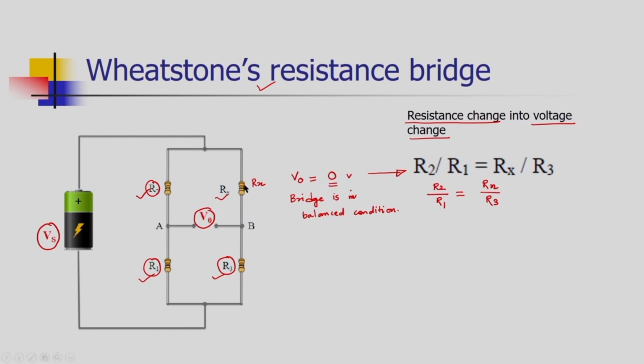Now, in the application of the Wheatstone resistance bridge, we attach the strain gauge leads at Rx. So, whatever output is coming out from the strain gauge is the Rx value.